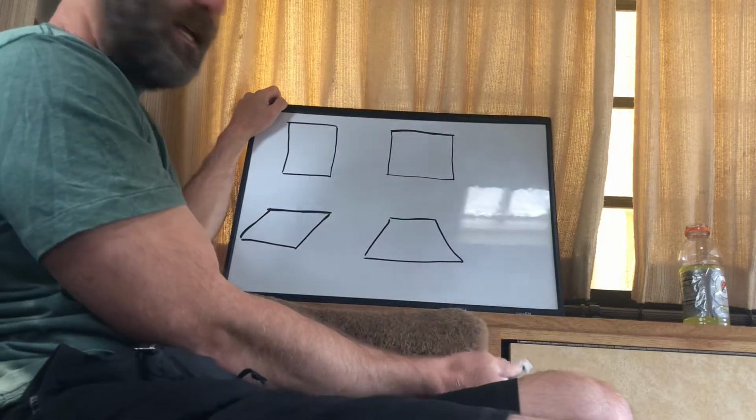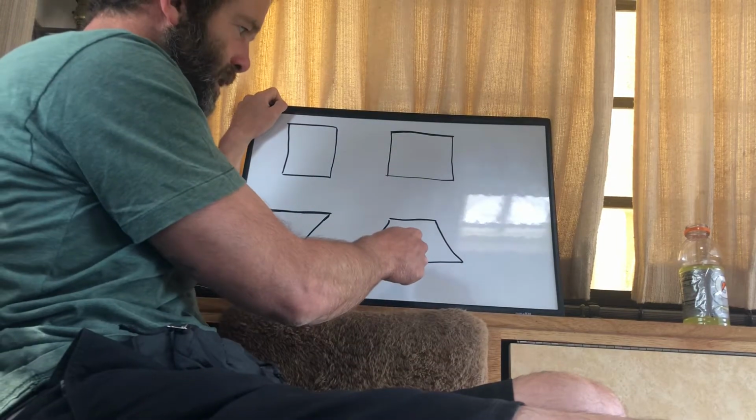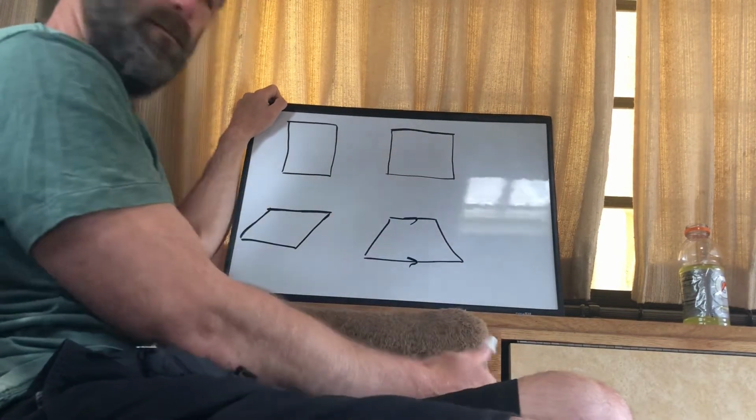A trapezoid is a four-sided figure where only the top and bottom sides are parallel.